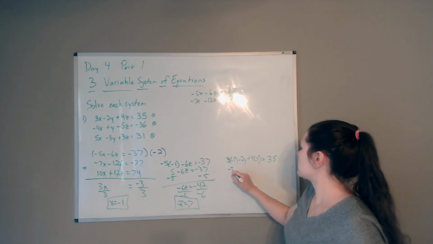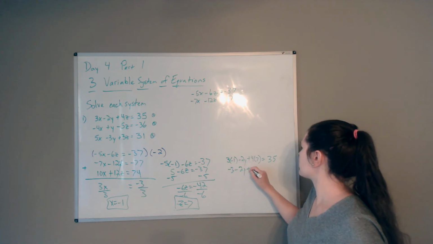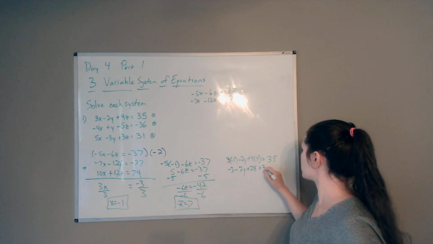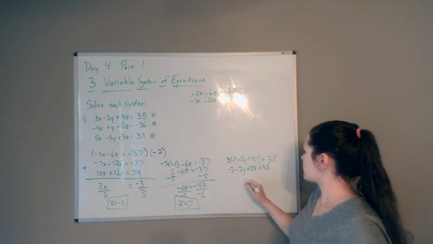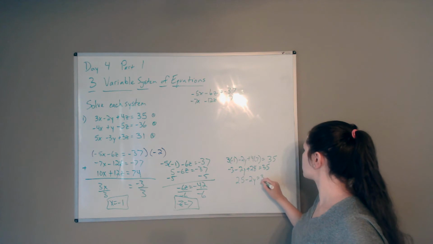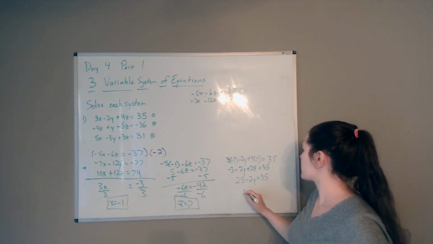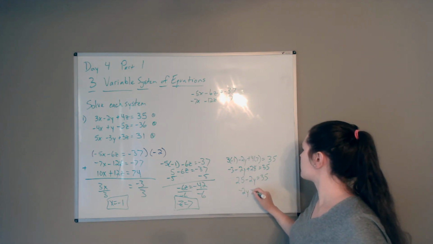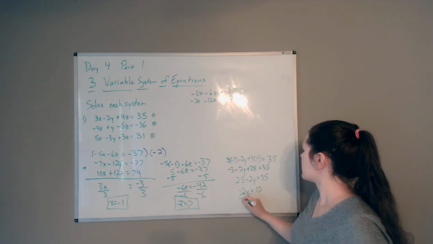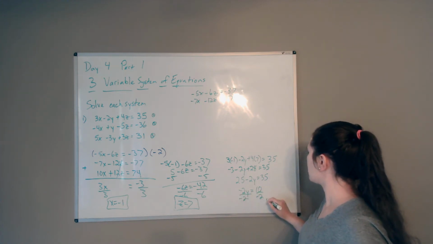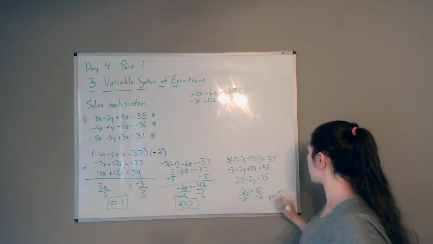So this is negative 3 minus 2y plus 28 equals 35. Negative 3 and 28, 25 minus 2y equals 35. Take away 25 on both sides, that gives us negative 2y equals 10. Divide by negative 2, and we get y equals negative 5.